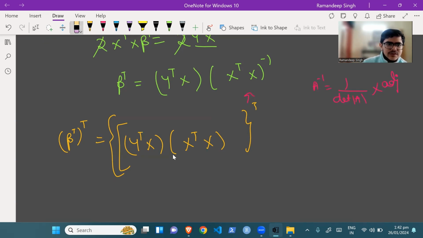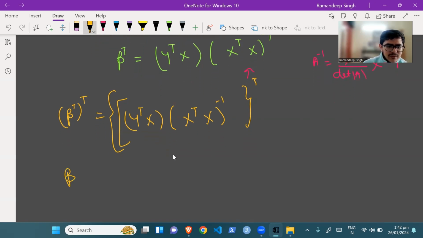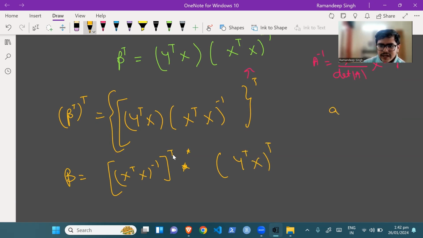It is inverse on the X transpose X matrix, right? So now my beta will become X transpose X inverse transpose multiplied by Y transpose X transpose, because A multiplied by B whole transpose is equal to B transpose A transpose, right? So I have applied this identity here.